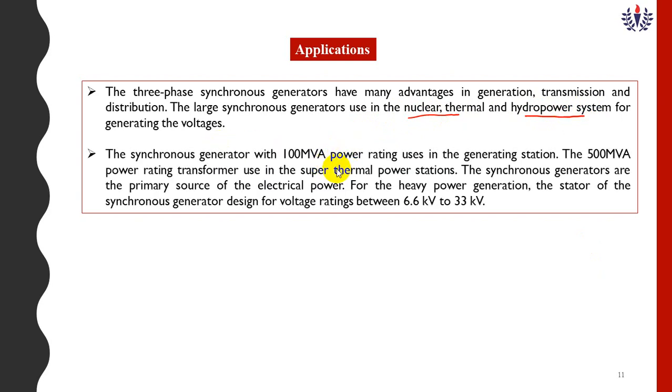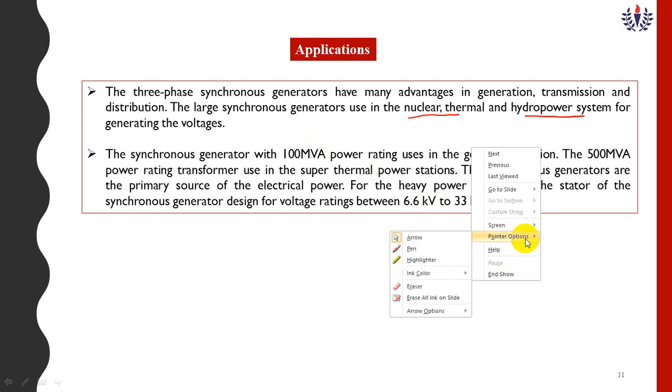The synchronous generator ratings used in power stations are 100 megavolt ampere, and in thermal power stations 500 megavolt ampere.